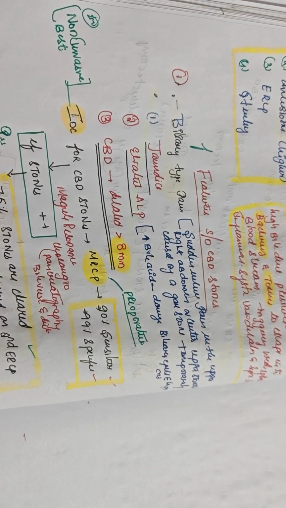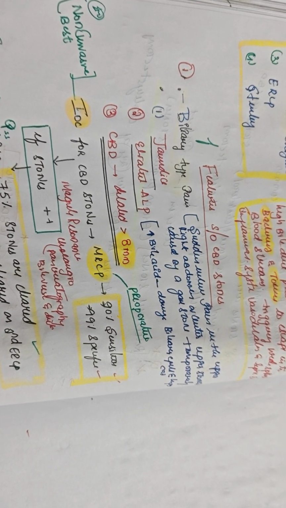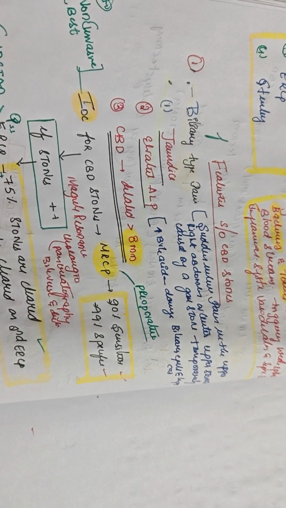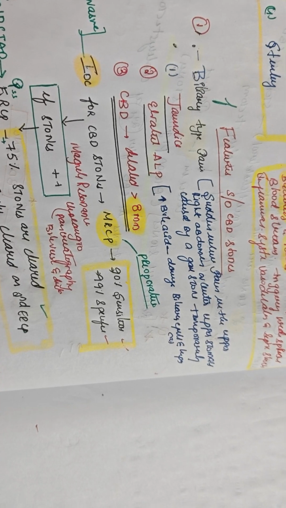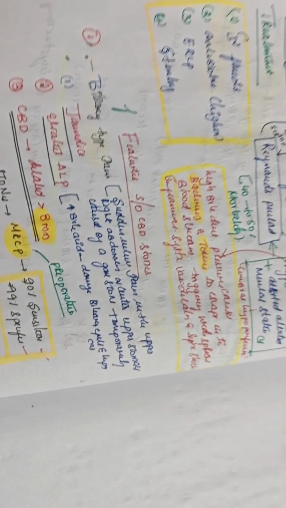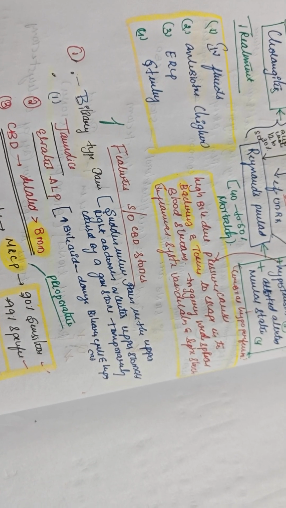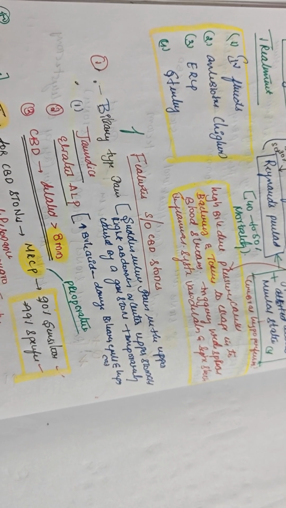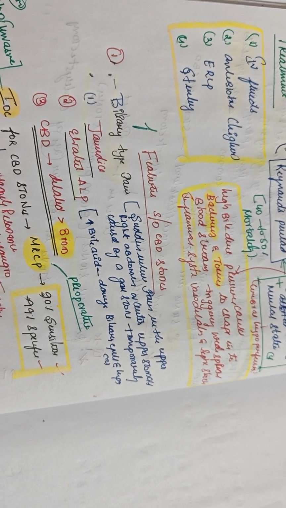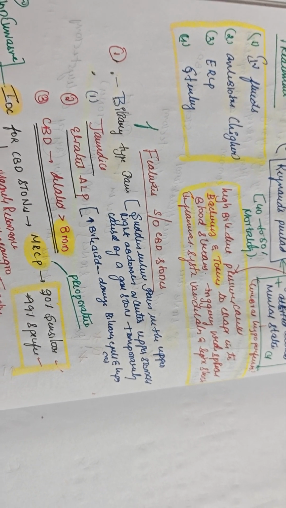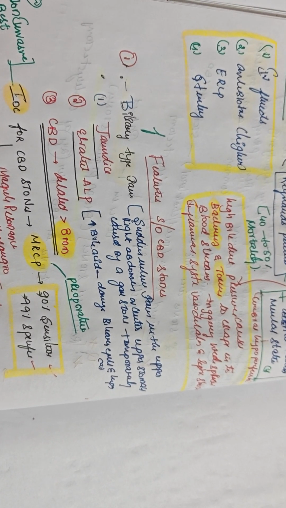The features suggestive of CBD stones are, one, biliary type pain. What do you mean by biliary type pain? It is a sudden intense pain in the upper right abdomen or center upper stomach caused by gallstones, temporarily. So there is a temporary sudden intense pain in the upper right abdomen or center or upper stomach caused by gallstones, right?